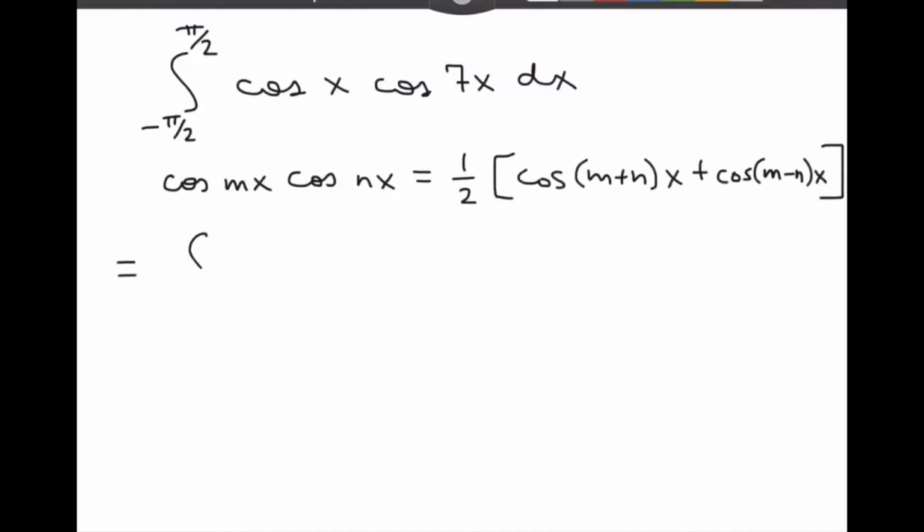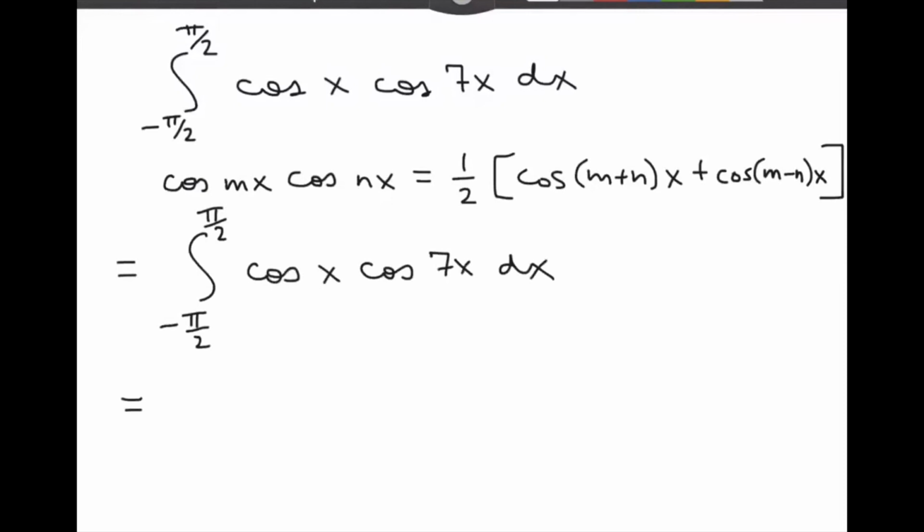Okay, so that's going to make this integral negative pi over 2 to pi over 2 cosine x cosine 7x. It occurs to me that you could probably do this integration also by parts. But believe it or not, I think this is simpler.